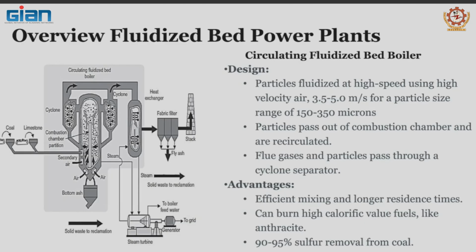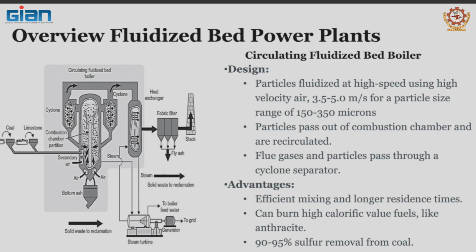So in fluidized beds, you have to have much higher excess air, because the mixing process is not as rigorous, as violent, as it is in pulverized systems. So this is a disadvantage. Nevertheless, this is the particle size range, and it is still efficient, because it provides, as you can see here, much longer residence times than PCs.